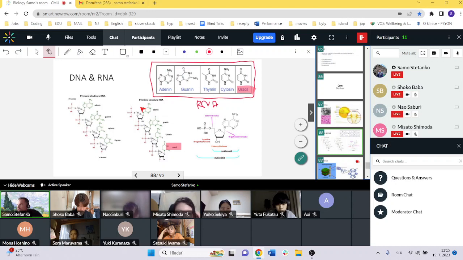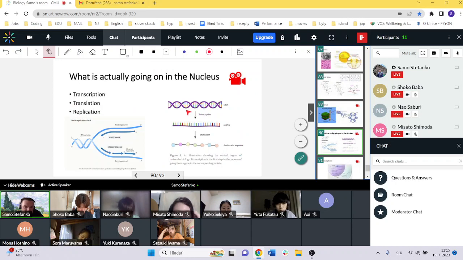So it consists of two molecules connected by thousands of hydrogen bonds between the nitrogenous bases. If we see, there is one strand, and here we have the color lines.